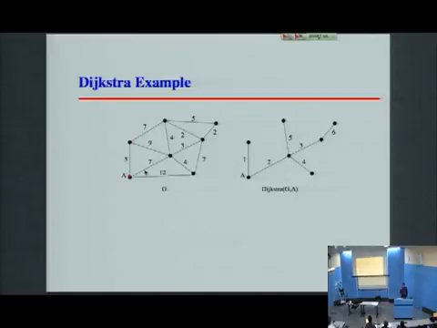What is Dijkstra's algorithm going to do? It is going to start from a particular source vertex, let's call it this one, and it is always going to find what is the next vertex we can claim that we absolutely, positively know the shortest path to that vertex. Okay? And the way that it's going to do it is just like Prim's algorithm.